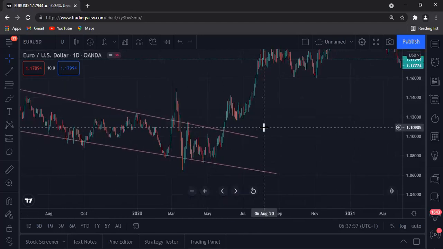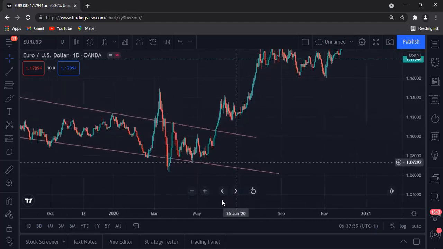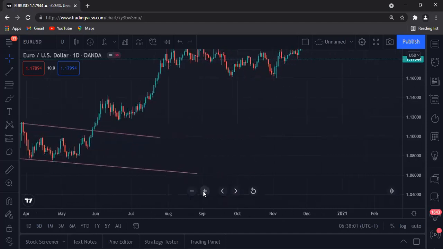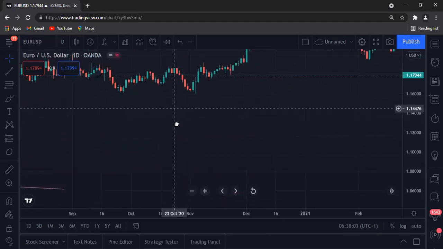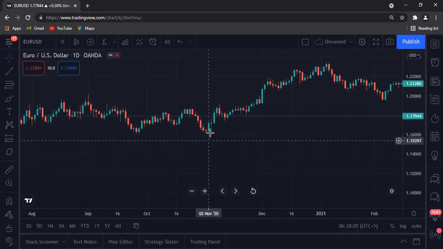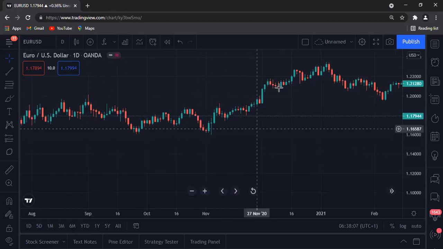So these normal candles we use are called Japanese candlesticks. We have other types of charts.